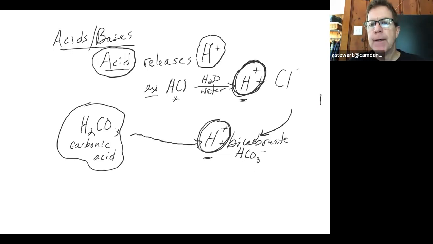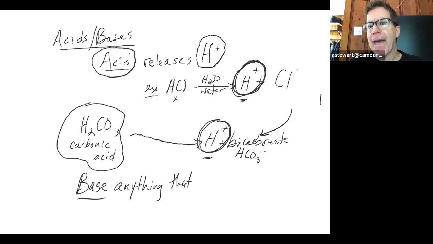All right? The term base is defined as anything that accepts a hydrogen ion. So a base is anything that will grab this free hydrogen ion and bind to it to reduce the acidity.